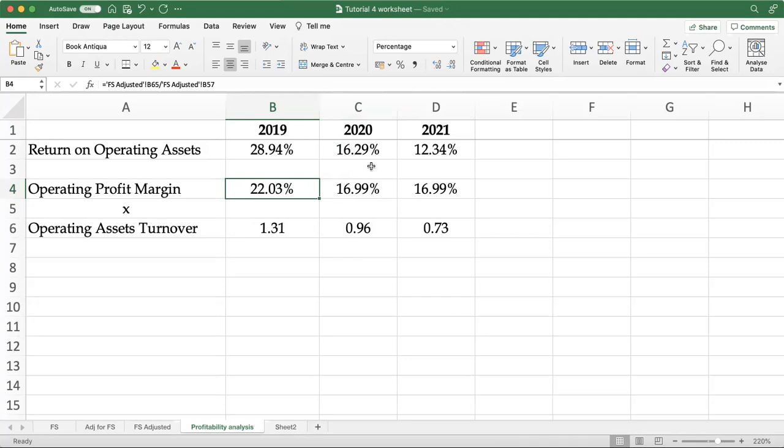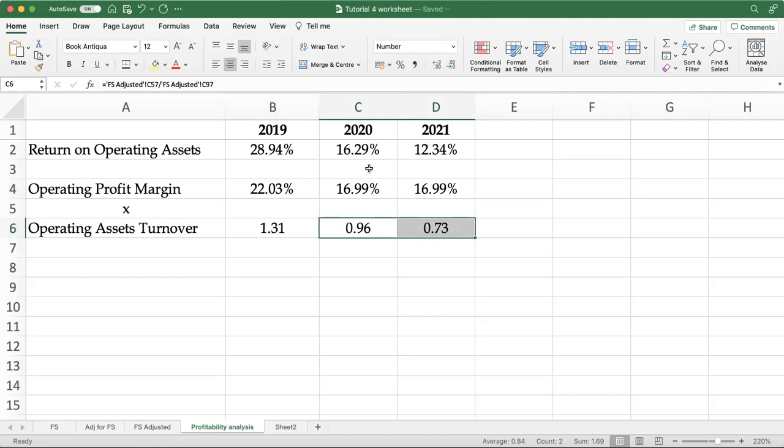But if you see 2020 and 21, operating profit margin is almost the same, but assets turnover declined.